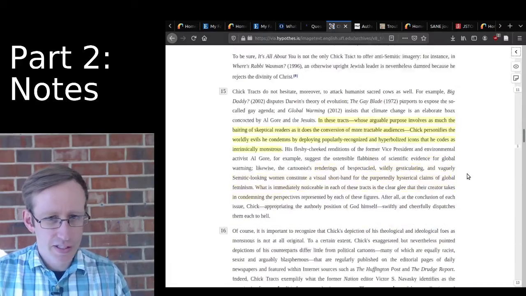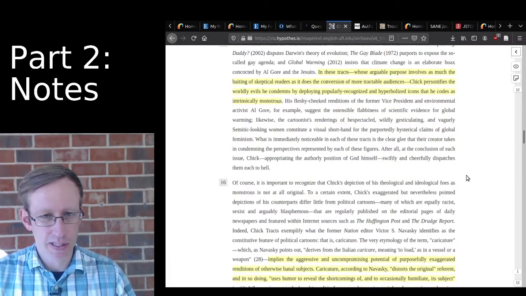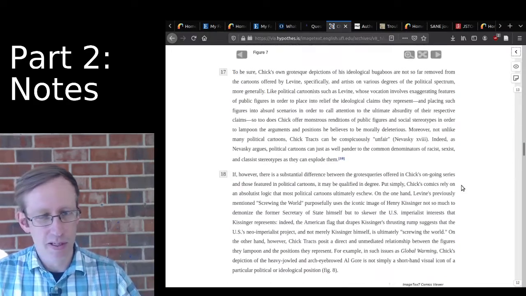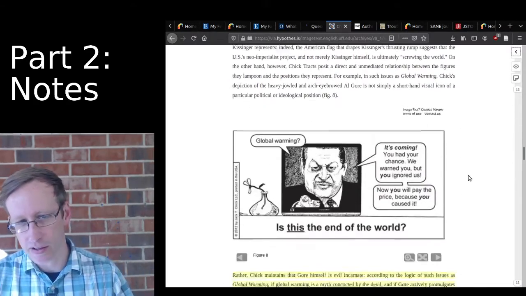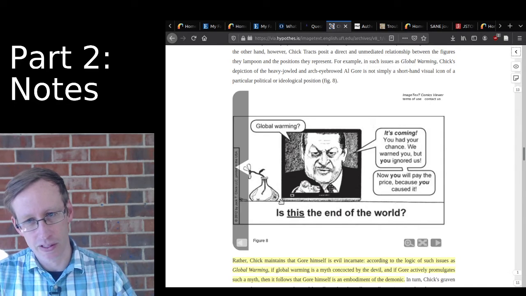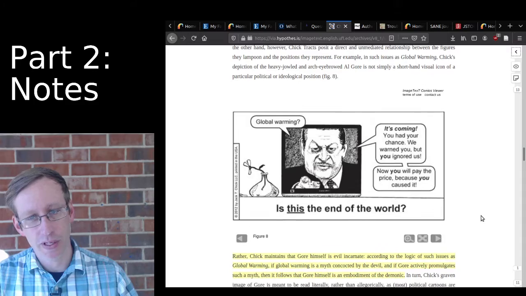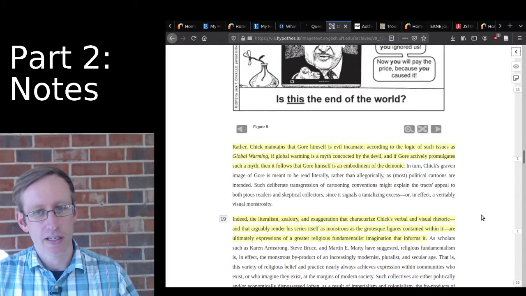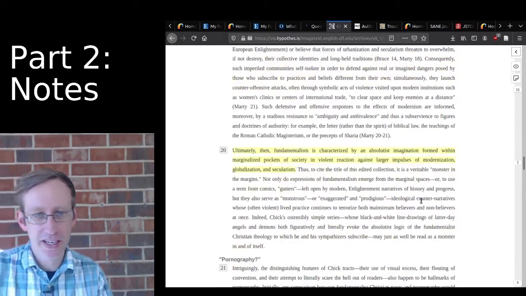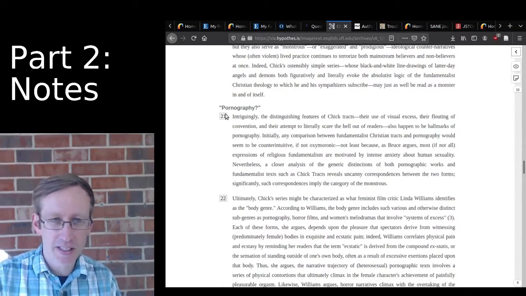So this is analyzing and studying specific works and how they work. This is comparing them to caricature art, and I think there are some interesting things here. Like here's the comic about global warming. This is evil Al Gore creating global warming as a hoax.